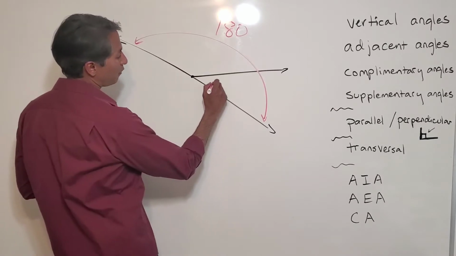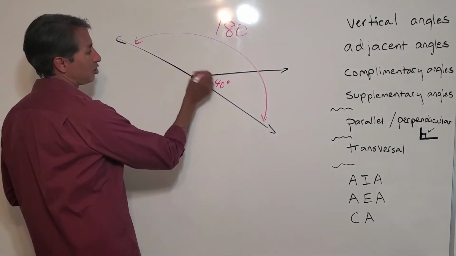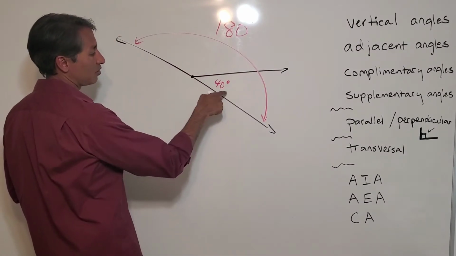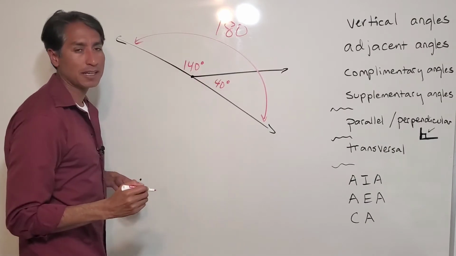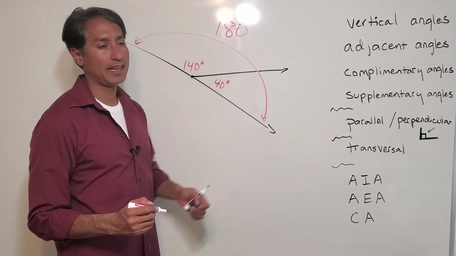So if this guy over here was 40 degrees, we know that this adjacent angle, again, we're using our vocab, the adjacent angle to this 40 degrees is going to be 140 because we know that the total combined amount is 180.